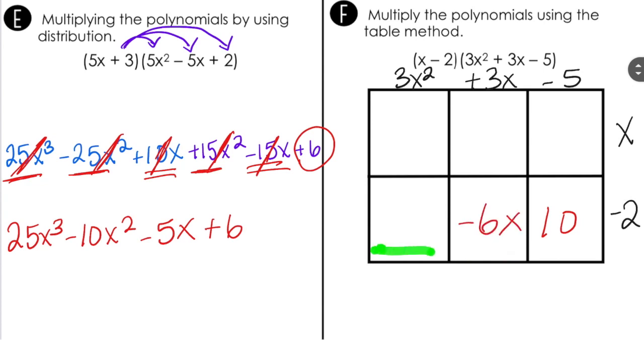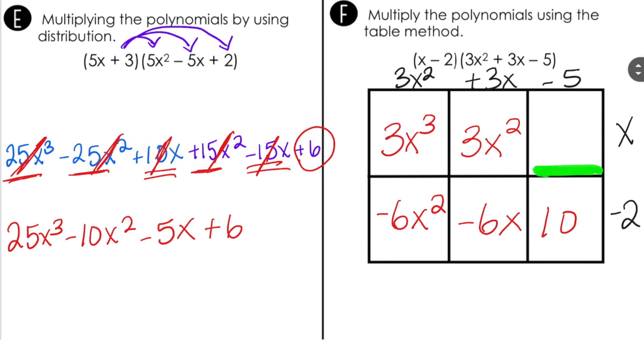Moving over again to the left. 3x squared times negative 2 is negative 6x squared. Moving up. 3x squared times x is 3x to the third power. Moving over to the right, 3x times x is 3x squared. And my last box, negative 5 times x is negative 5x.